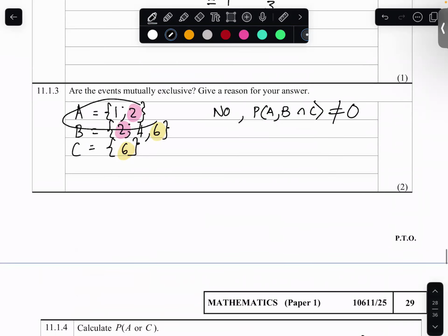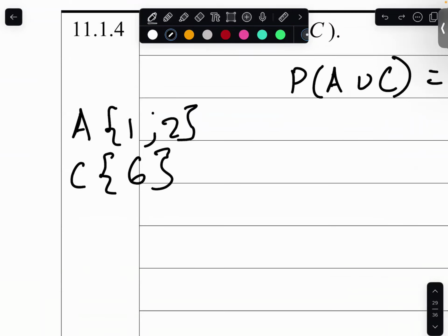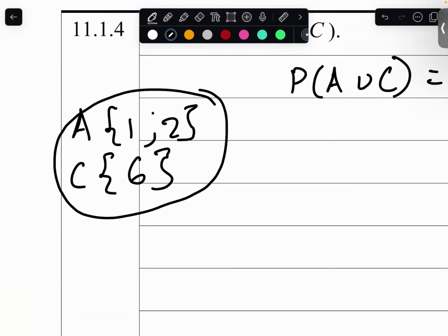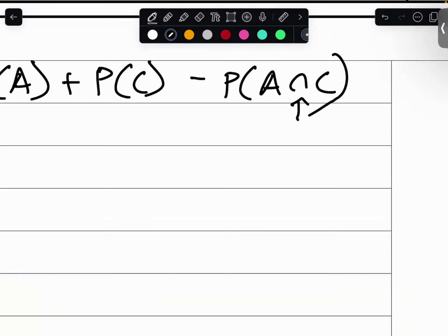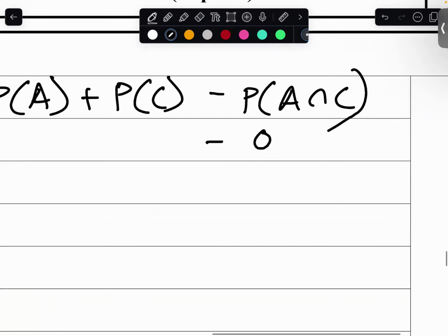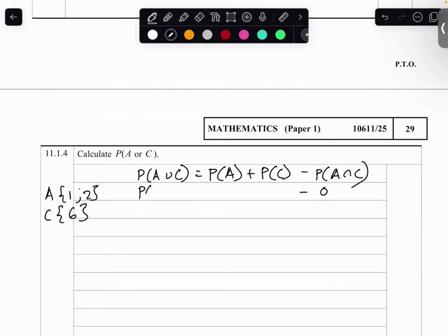A and C are mutually exclusive because there's nothing that they share in common. And remember, if these 2 events are mutually exclusive, then the probability of A and C must be equal to 0, meaning there's nothing that they have in common. That's the probability of A and C, not the probability of A or C. So this is what I'm trying to calculate.